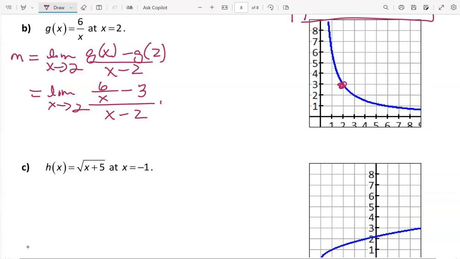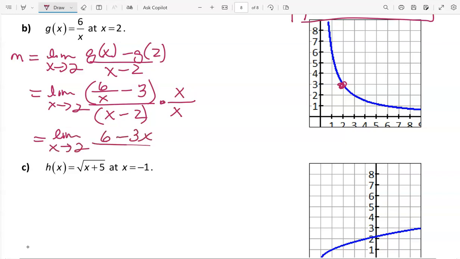We can simplify a complex fraction by multiplying both numerator and denominator by the denominator x, and that gives us the limit as x approaches 2 of 6 minus 3x divided by x times x minus 2.